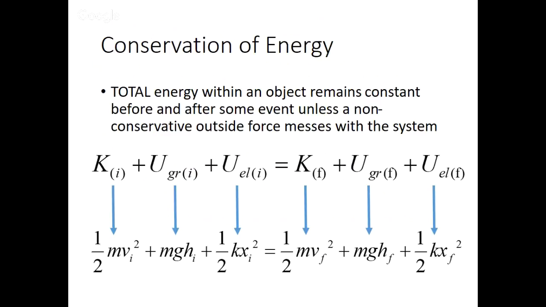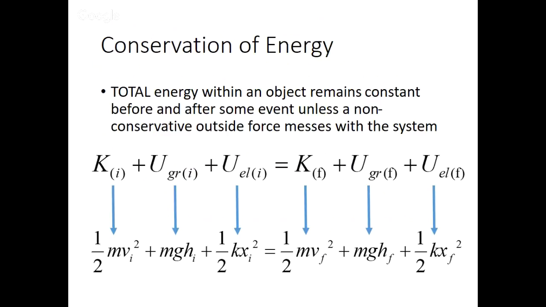When you're faced with a conservation of energy problem, you can always set it up like this. Take the object's total energy before whatever event has happened. The object has fallen, the object has risen in the air, the object has rolled into a spring, something like that. You can take its total energy beforehand. That will include the object's kinetic energy.